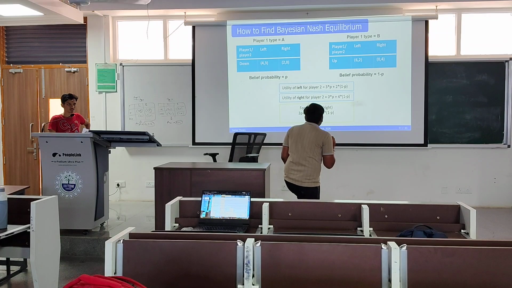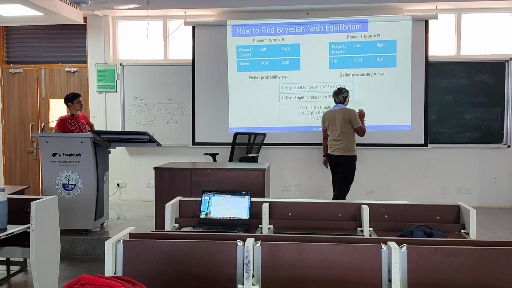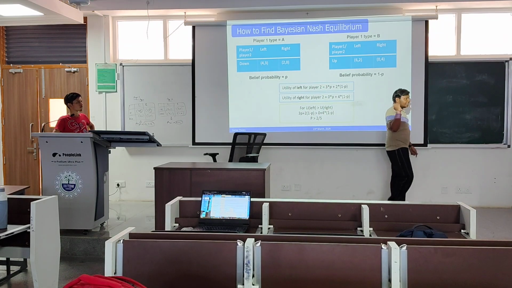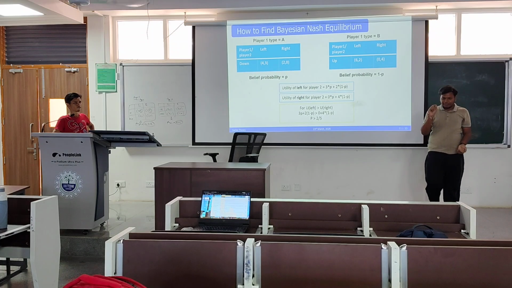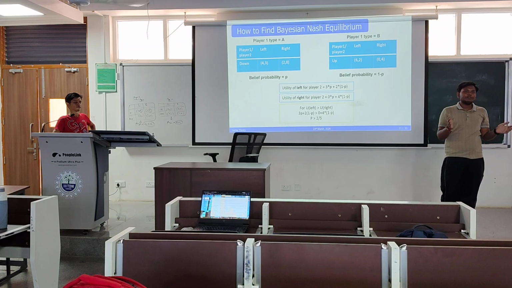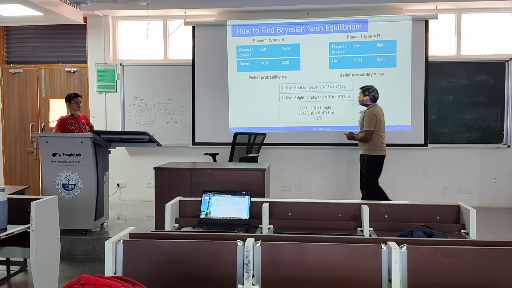Here we have two matrices. But the problem is that these are different. That time when we calculated T, we would say that player 1 would play left with probability this, and player 2 would play right with probability this. But here the T's are different.